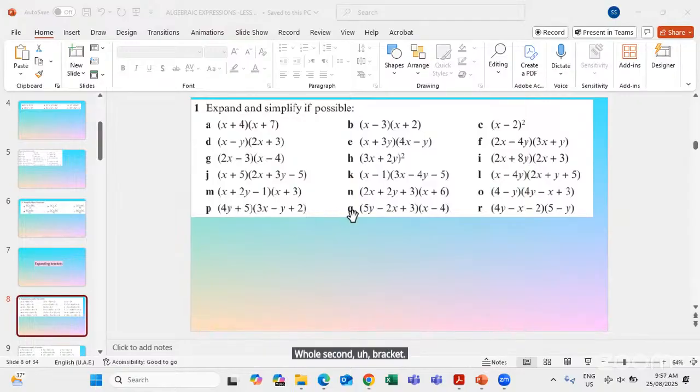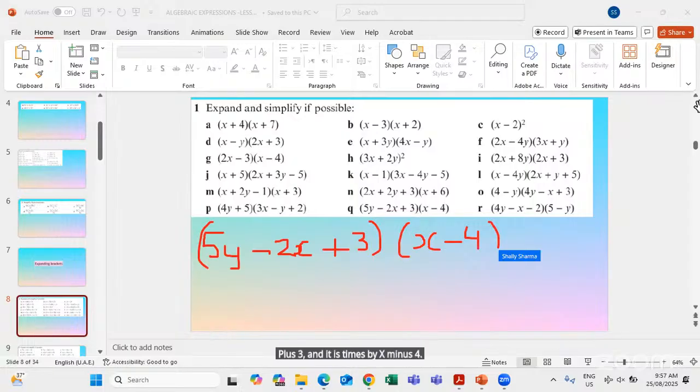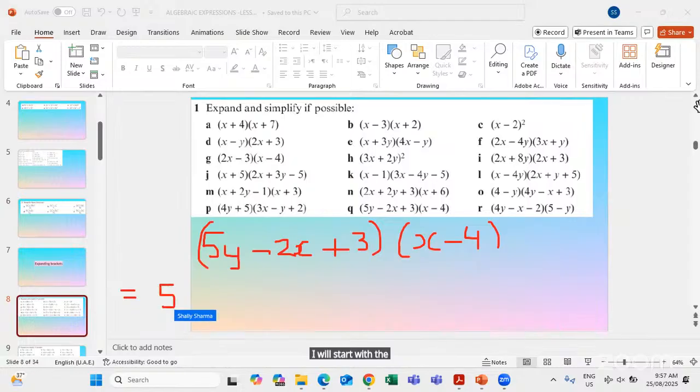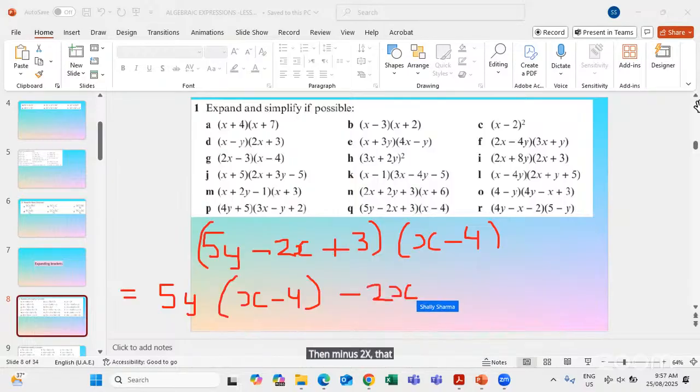Now question Q, we can do in the same way. We have (5y - 2x + 3)(x - 4). We will do exactly the same thing. I will start with the first term 5y, times the second bracket, then minus 2x, the second term from the first bracket, times x minus 4.